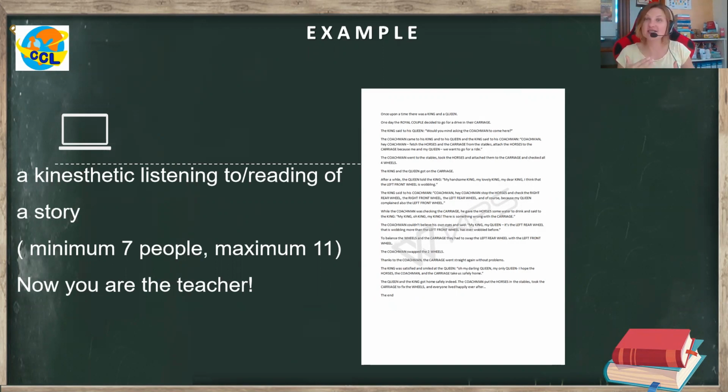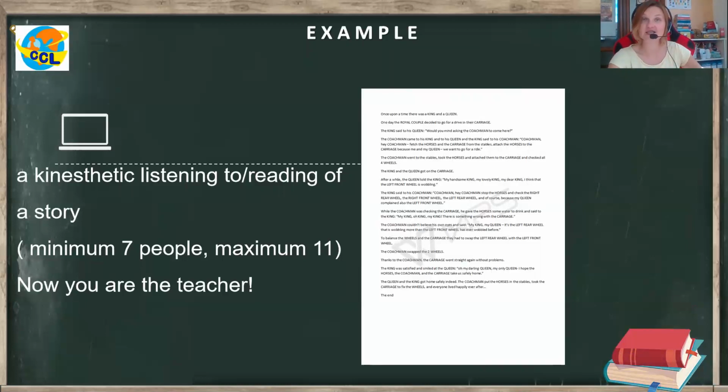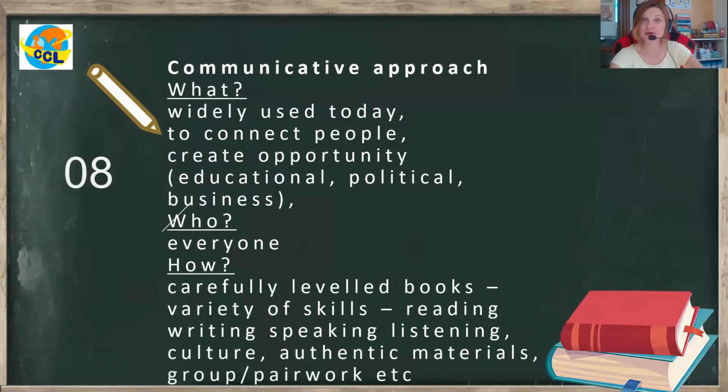So it's kinesthetic, it's TPR when they hear the mention of their character. Okay, then it can be reversed, the role can be reversed. Now you are the teacher, you present something to me, ask me, give me a command, right? So this is an example of a task taken from a comprehension approach.